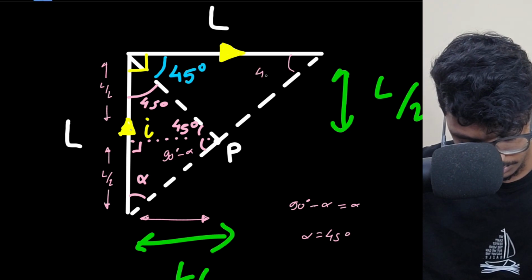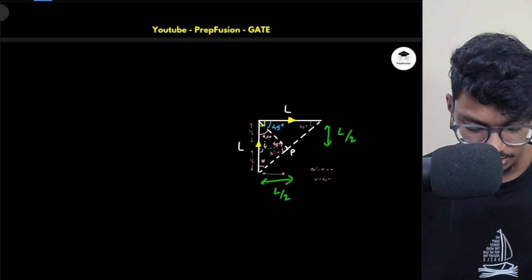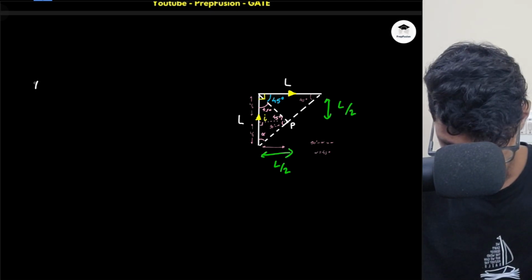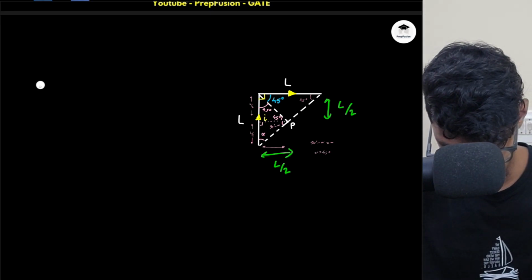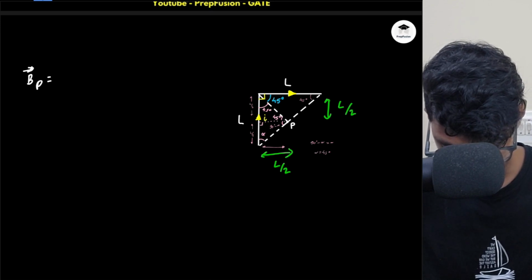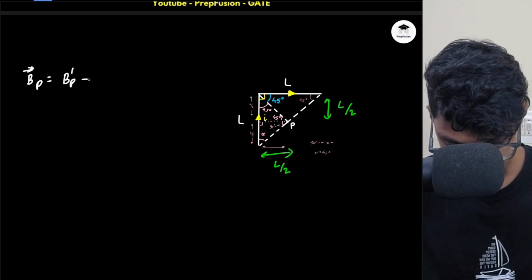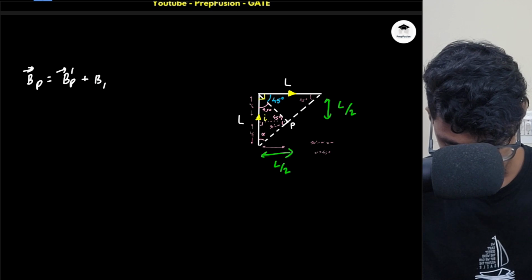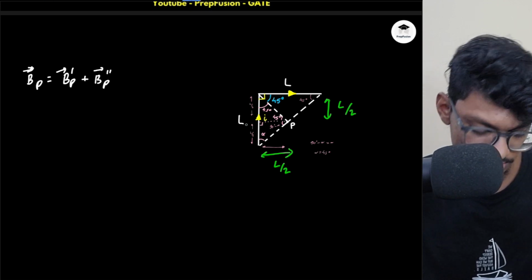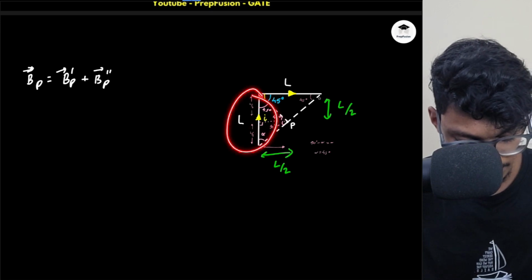Okay, simple geometry. So what is happening is that my overall magnetic field at P will be the sum of two magnetic fields, BP dash plus BP double dash, due to this section and due to this section.